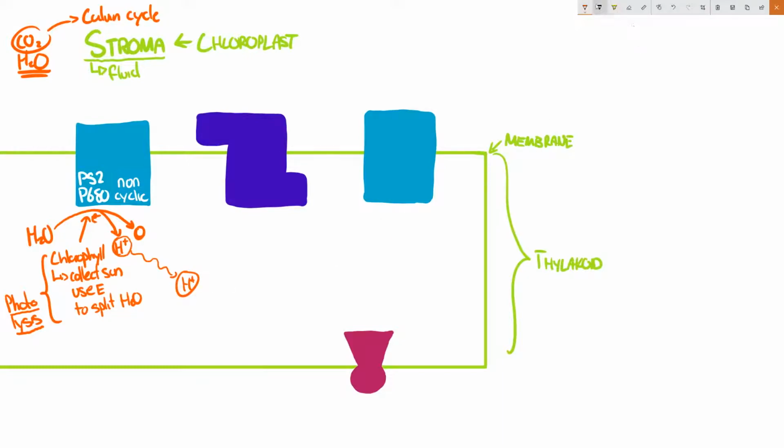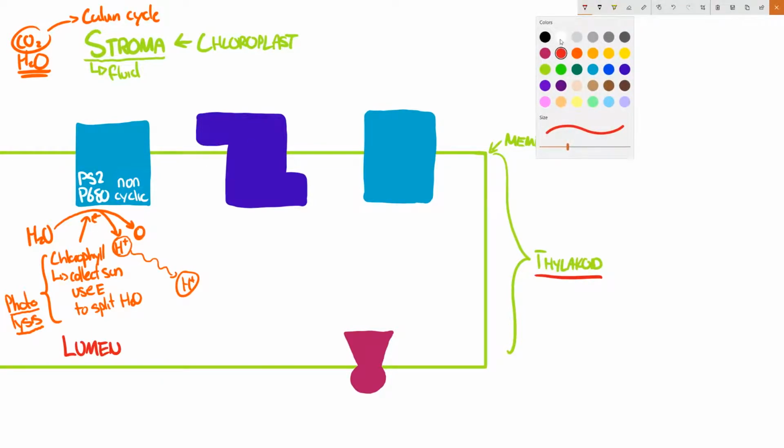Okay, they are going to chill in the thylakoid lumen. That is the fluid inside the thylakoid. This is the stroma, this is the lumen.